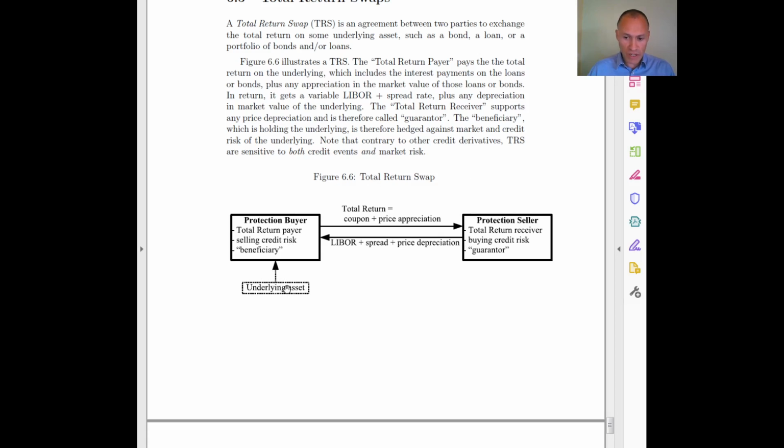Basically, any price increase on the underlying asset is moved from the protection buyer to the protection seller. So the protection buyer becomes totally immune to any changes in the value of the underlying asset. Hence the name total return swap.